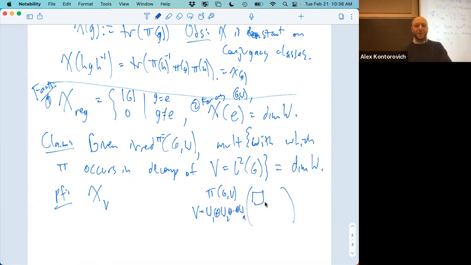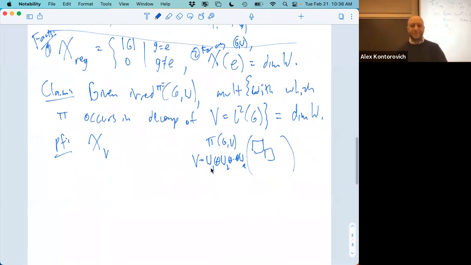So W1 comes here, and there are some copies of things equivalent to W1. Let's write it as W1 to the J1, W2 to the J2, and WK to the JK. So the representation W1 occurs with multiplicity J1. There's some number of W1s, then some number of W2s, and finally some number of WKs. These are distinct irreducibles.